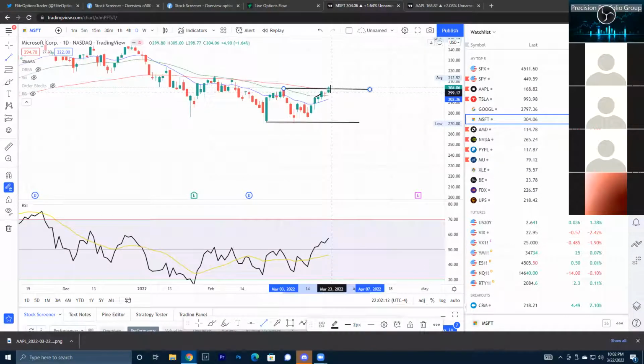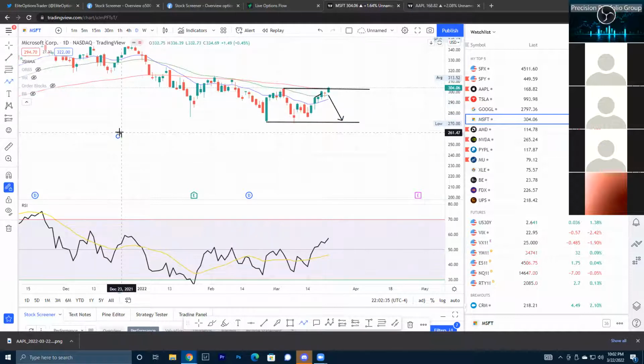Right now it hasn't surpassed that level yet. That's the previous level that SPY hit. So to go for calls, you would want to see the next candlestick close above this price action. And if it doesn't, you know for a fact it's going to go back to this level. Easy.